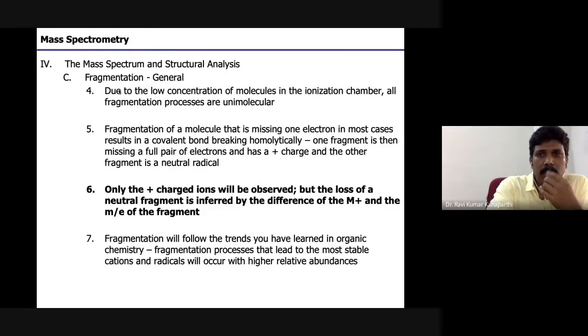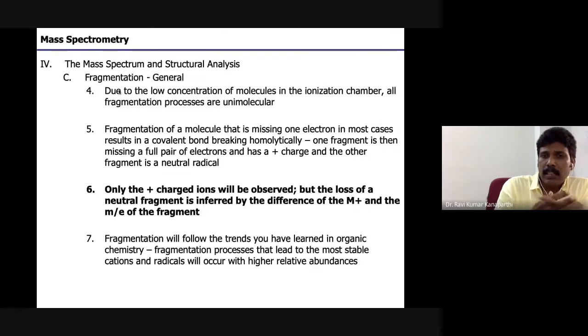At this point, we already discussed that the molecules are in the gaseous phase with a very low concentration, so we usually expect unimolecular collisions, because of the low concentration and the ultra high vacuum environment. Then the ion can undergo either homolytic cleavage or heterolytic cleavage, and try to eliminate charged species.